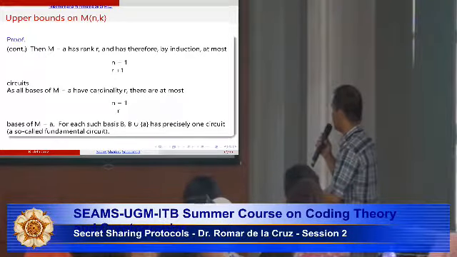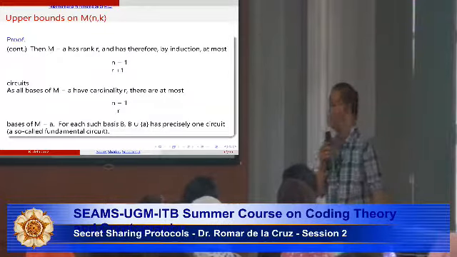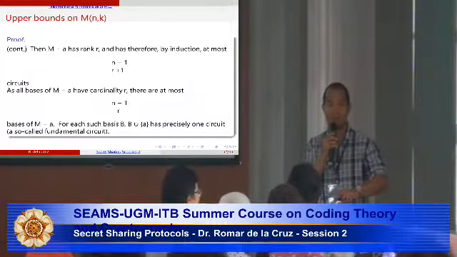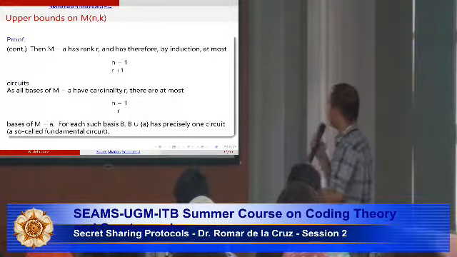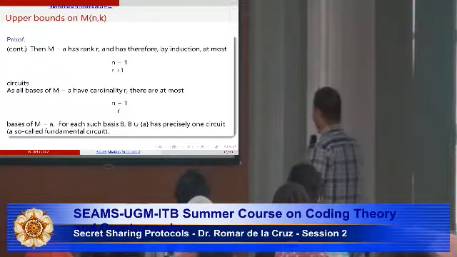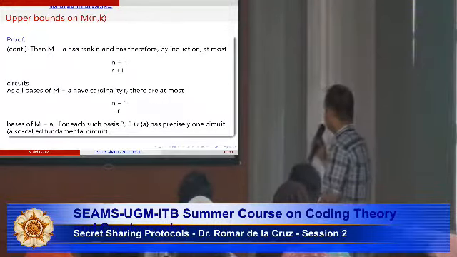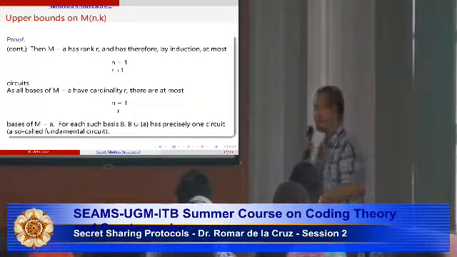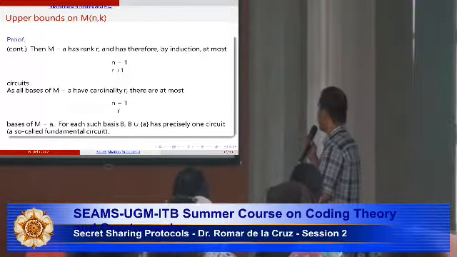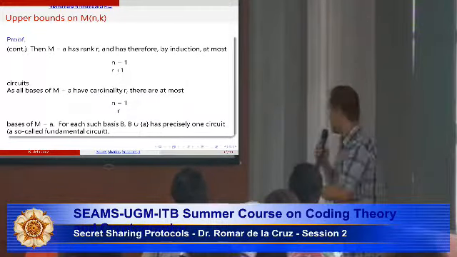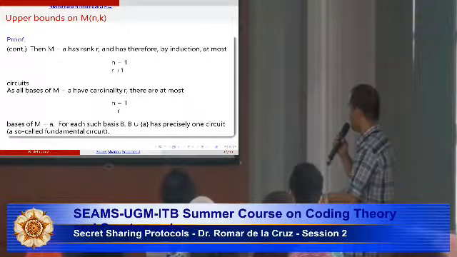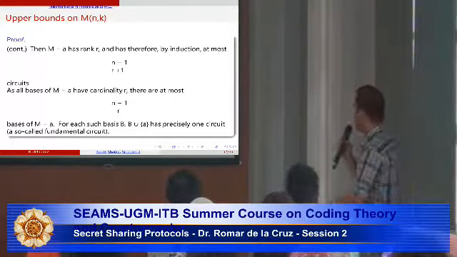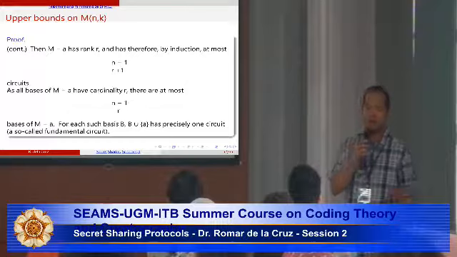N minus 1 is the size of M minus a, and r plus 1 is the size of the circuits. Now, as all bases have cardinality r, there are at most (n-1) choose r bases, where n minus 1 is the number of elements of M minus a.